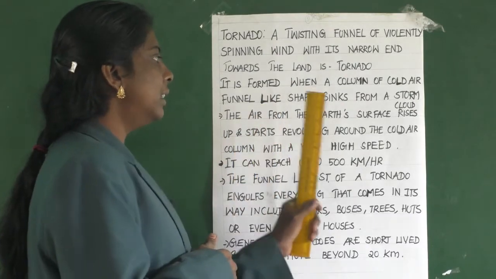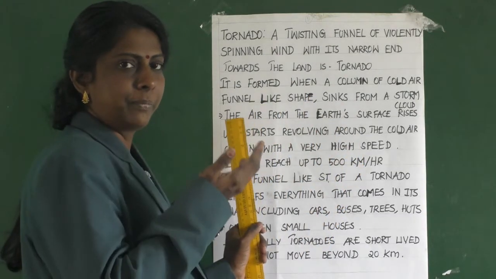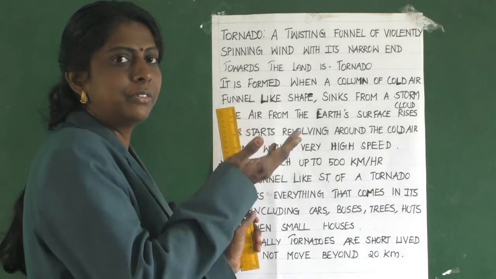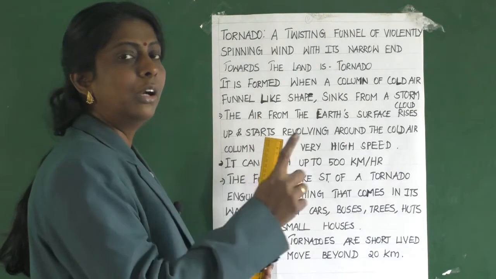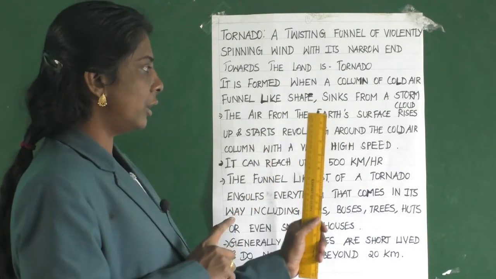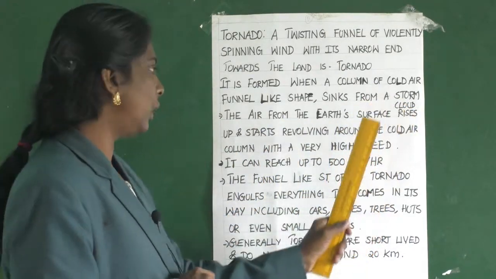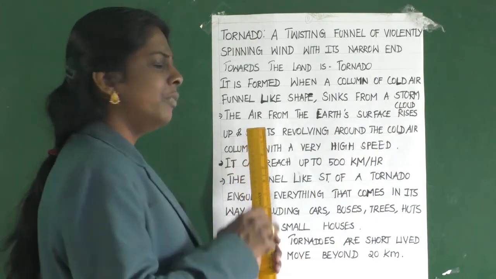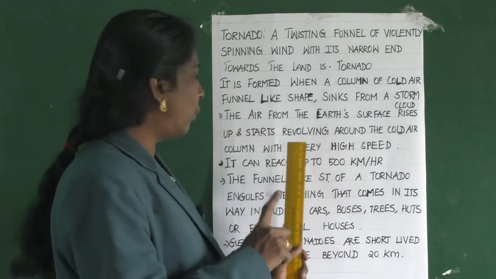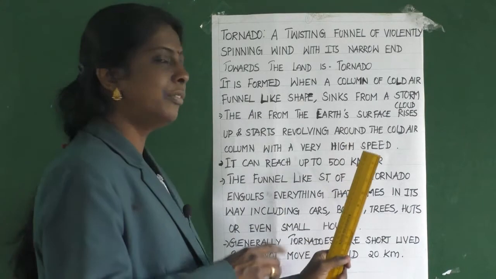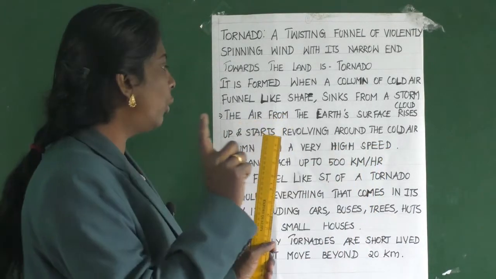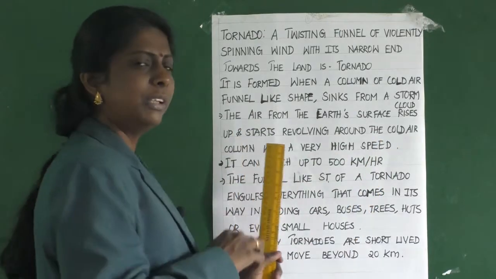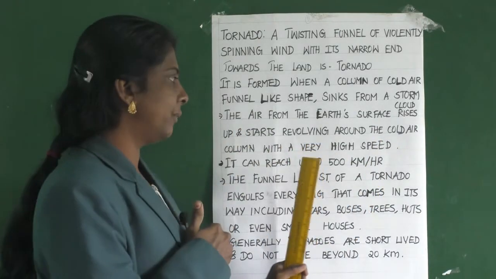The air from the earth's surface rises up and starts revolving around this cold air column at a very high speed. Clear?